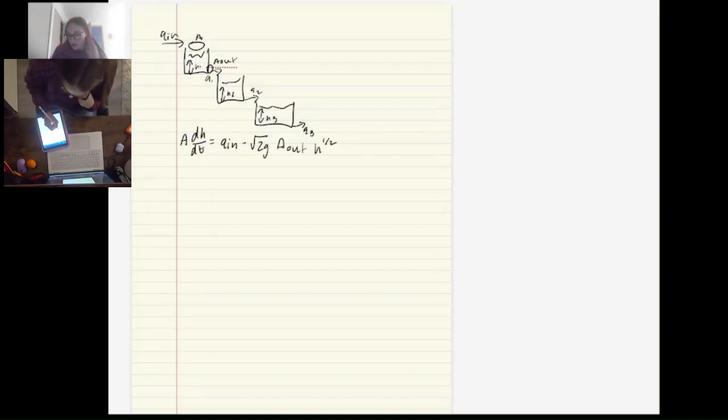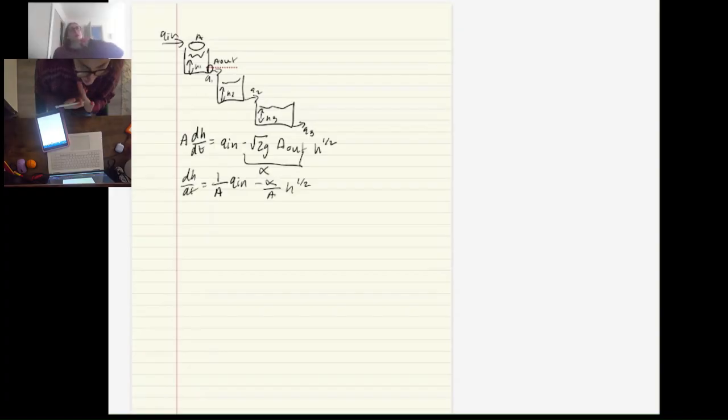So we need to make it first order so that we linearize it. Let's do that. We're going to have dH/dt on one side, so it's going to be 1/A Qn minus alpha over A, and we make this an alpha because it is a constant, times h to the 1/2.